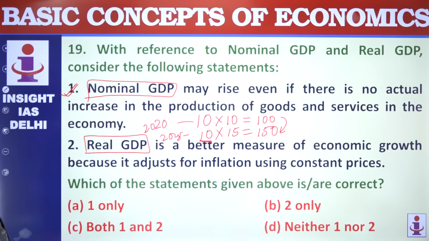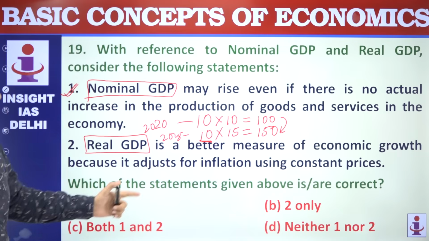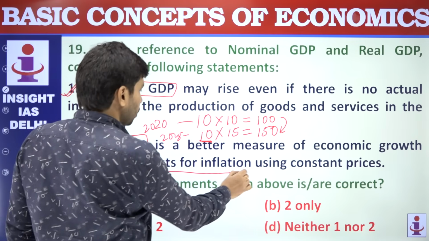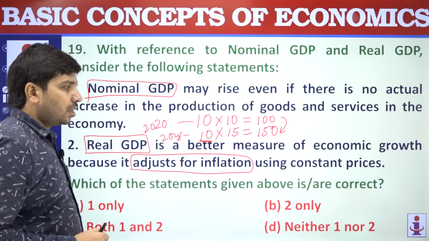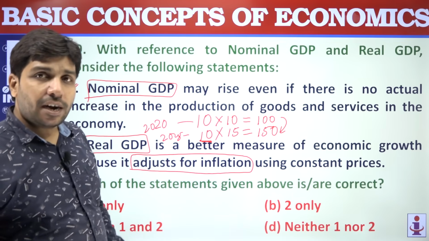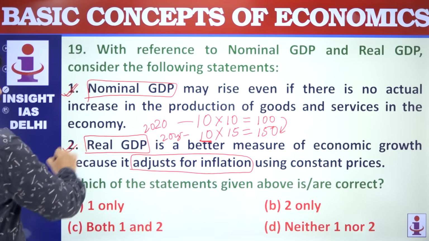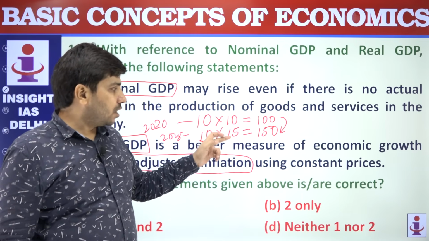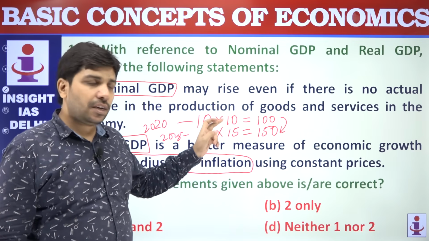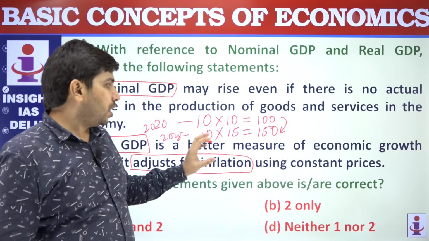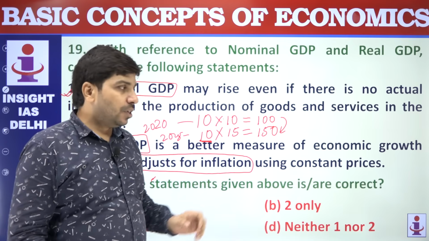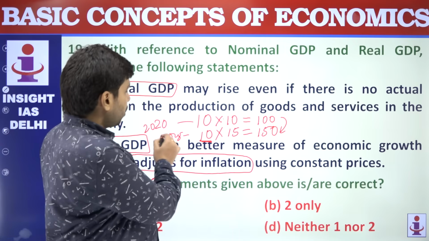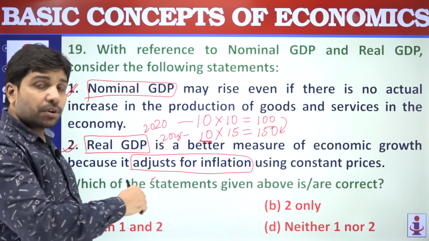This statement is correct about nominal GDP. Real GDP is a better measure of economic growth because it adjusts for inflation. Inflation का अगर adjustment हमने कर दिया, then we can reach at real GDP. So this statement is also correct. What it means is that this 10 rupees has increased to 15 rupees, so there is inflation. If we adjust for inflation, we decide the rate not from 2020 or 2025 but from a fixed year.